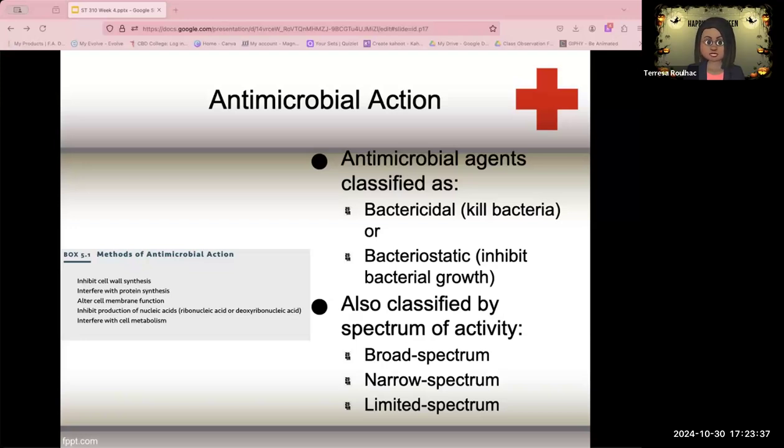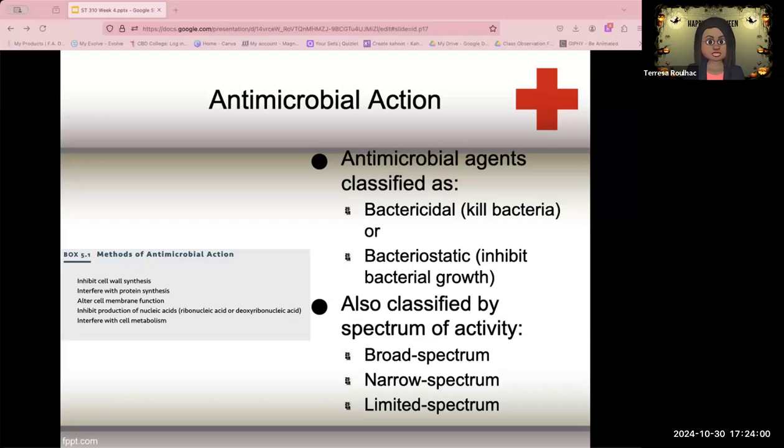But we also have narrow spectrum antibiotics. These target specific types of bacteria, either gram-positive or gram-negative, but not both. So, broad spectrum, both gram-positive and gram-negative; narrow spectrum, either or.